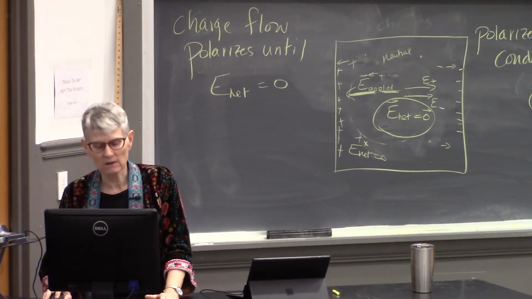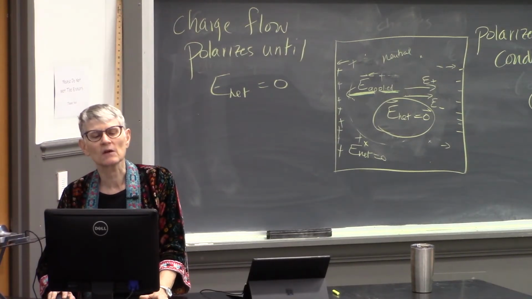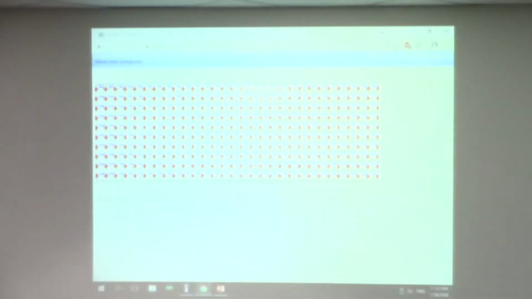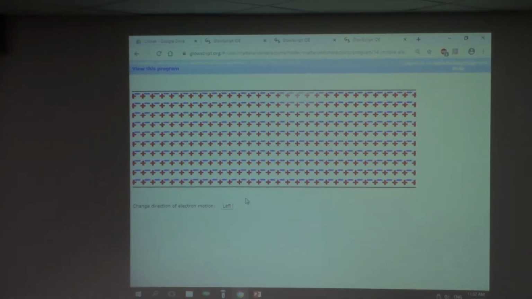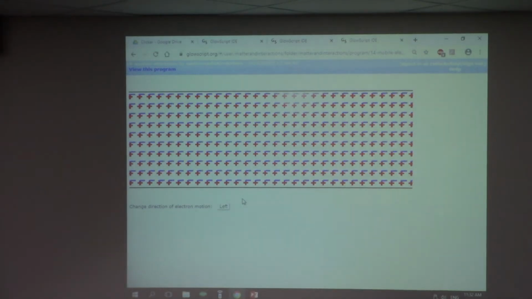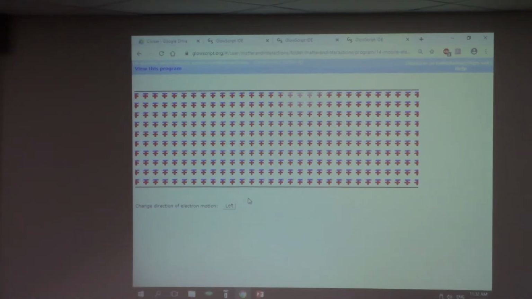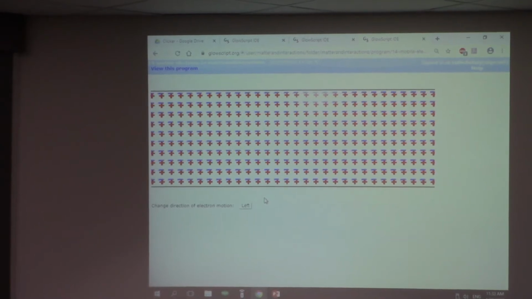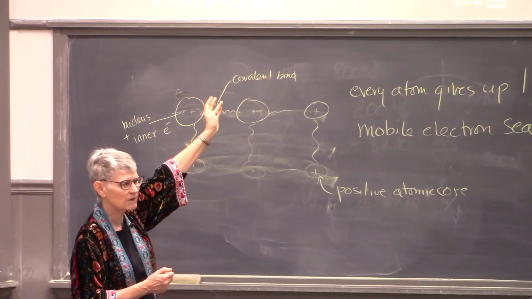And so a sort of schematic model of what's going on in a metal might look something like this, where we have all these atomic cores that are sitting still because they're still bonded together with these covalent bonds. Okay, so they're vibrating a little bit, but they're not going anywhere. But we have this whole sea of mobile electrons that can drift in some direction if a field is applied.